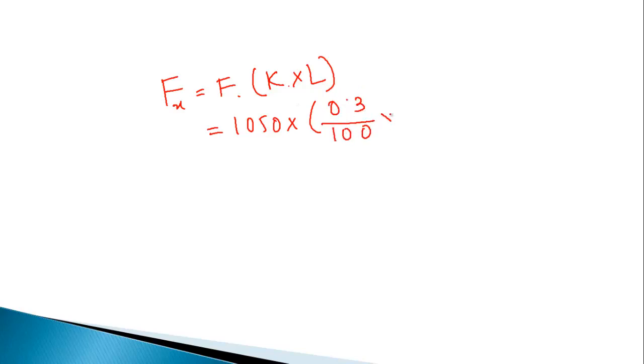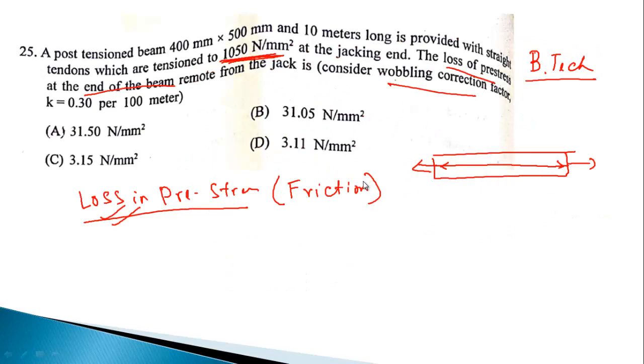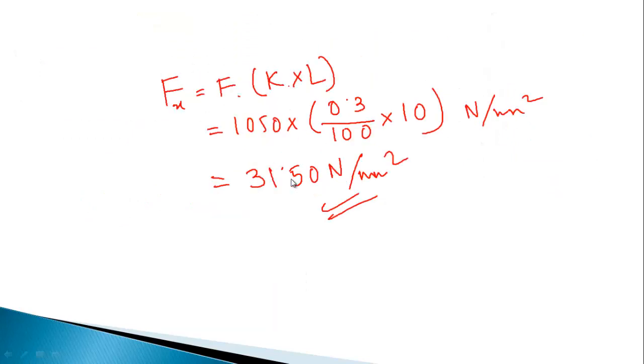And L is the total length of the beam, which is 10. If you calculate, you will get 31.50 Newton per mm square. So your answer is 31.5 Newton per mm square. This is very easy, because you only have to know what the given terms are, otherwise the calculation is very easy.